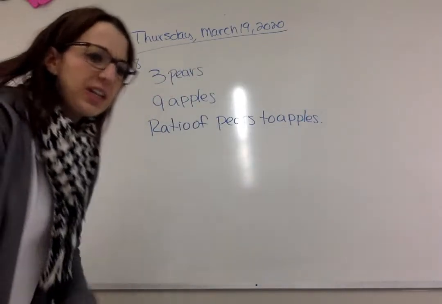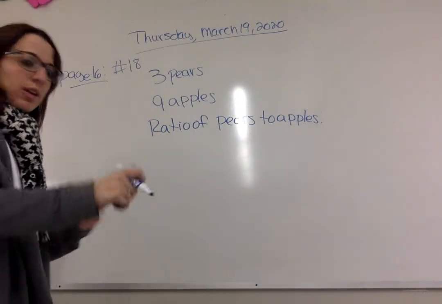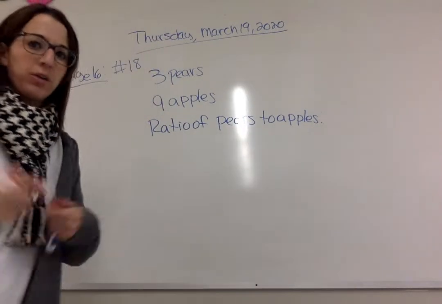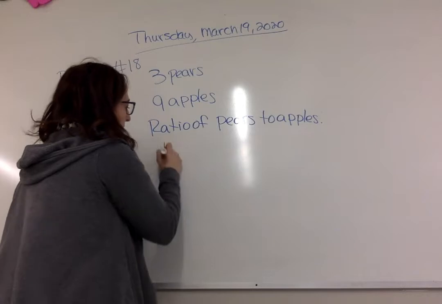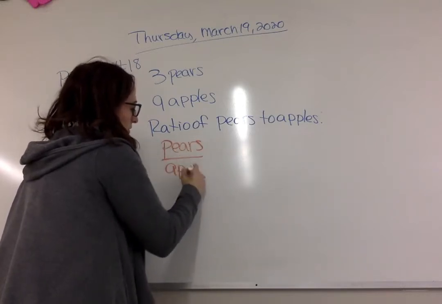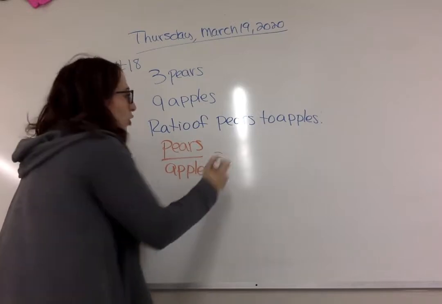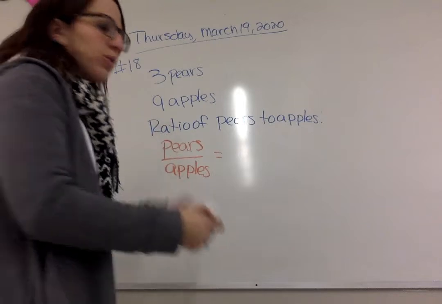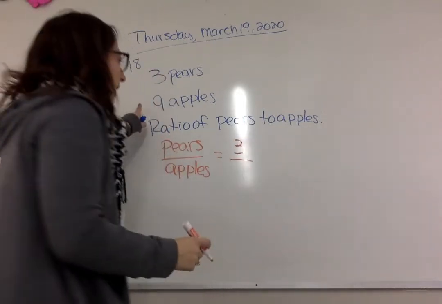So the first thing I have to do is label pears to apples, because a ratio is written in order. So we have pears over apples. When I look in the question, there are 3 pears, so 3 goes on the numerator, and 9 apples is the denominator.